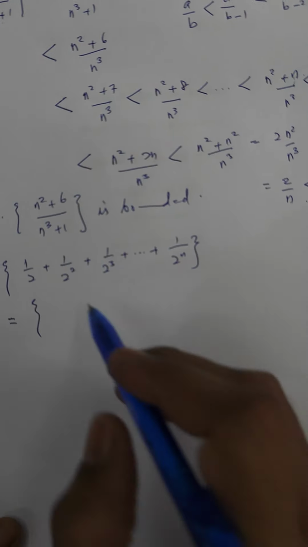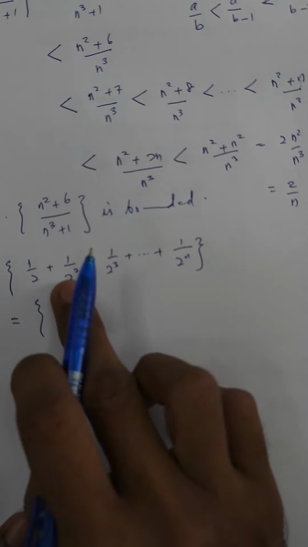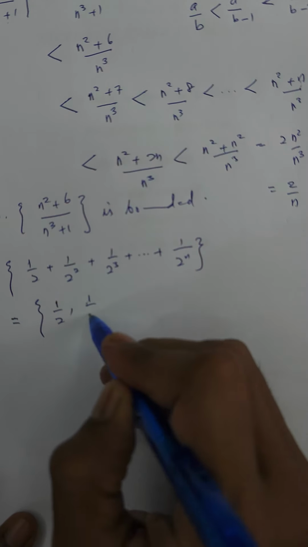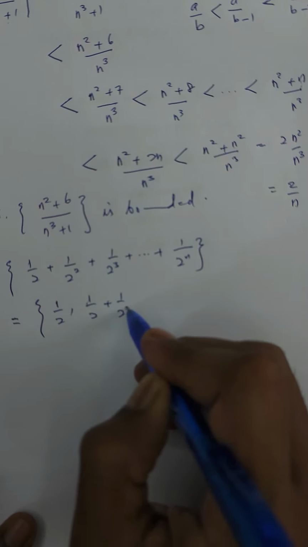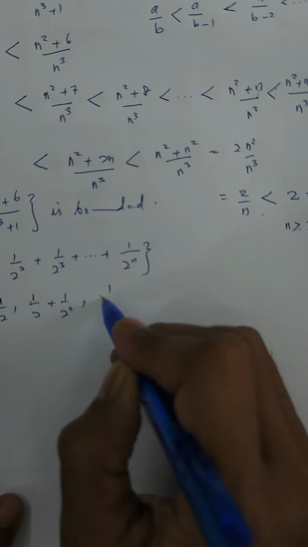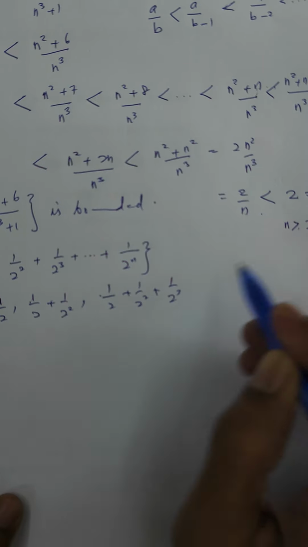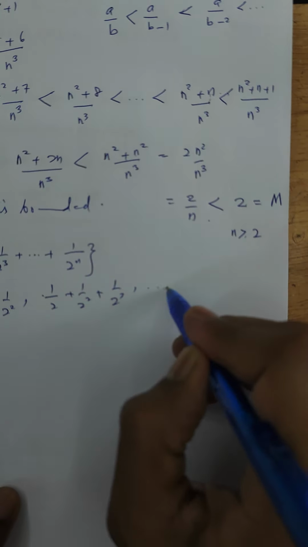When n equals 1, you have 1 over 2. That's the sequence. When n equals 2, you have 1 over 2 plus 1 over 2 squared. When n equals 3, you have 1 over 2 plus 1 over 2 squared plus 1 over 2 cubed, and so on.